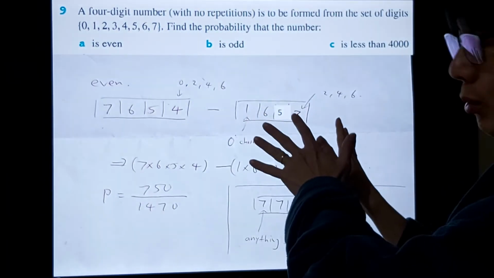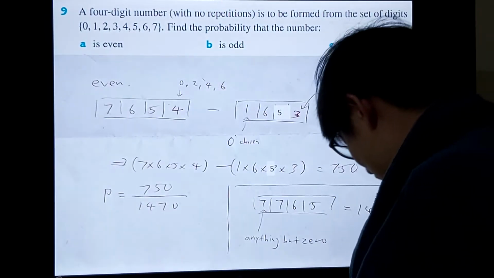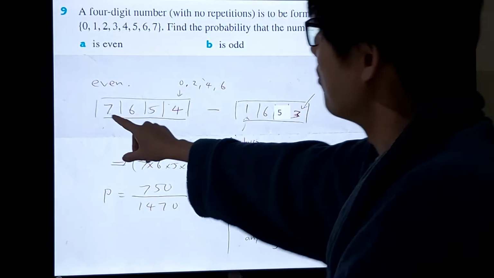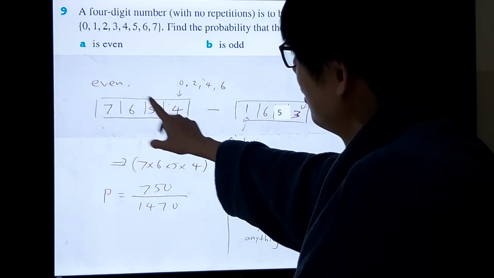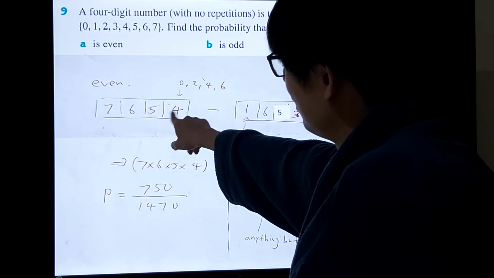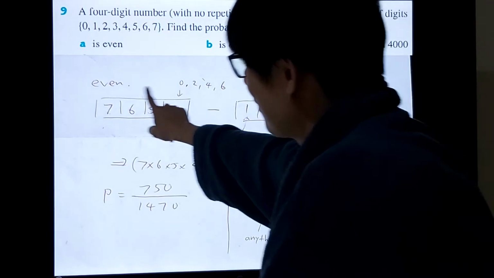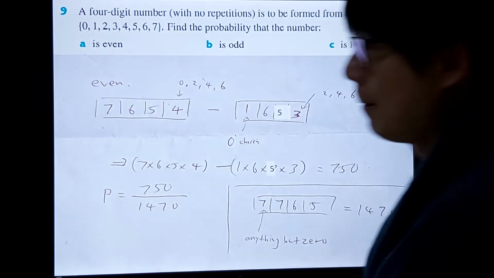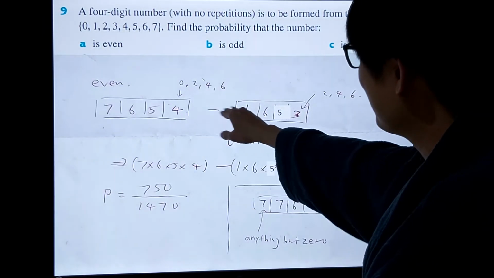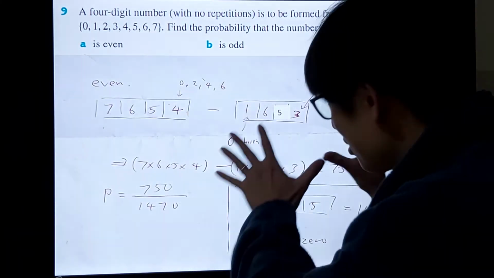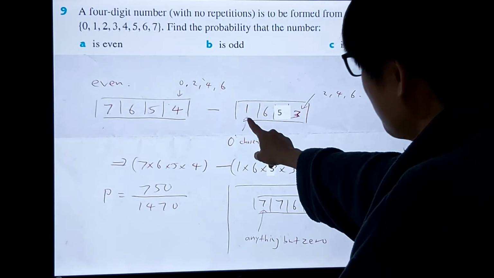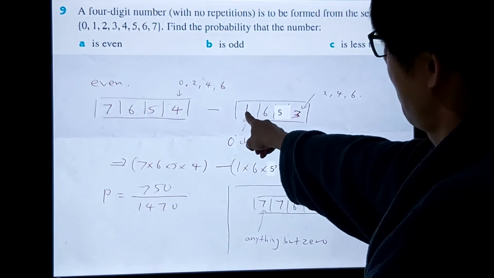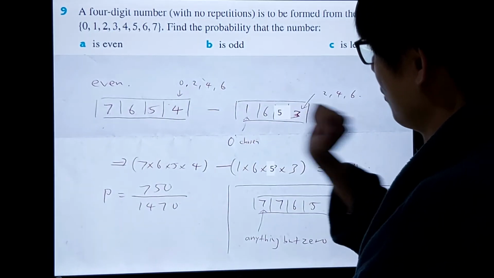So I have to do it this way: I just assume 0 can be used first. So once you have chosen a number for this, you're left with 7, then 6, and 5. Then I subtract those even numbers where 0 is chosen for the first digit.